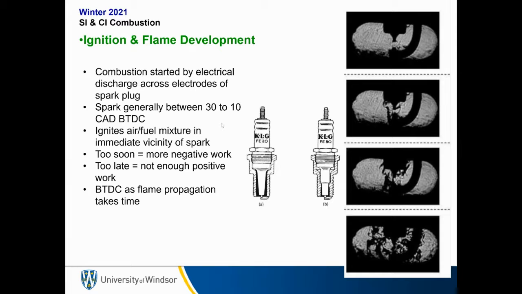If we spark too late, we won't have enough positive work. We won't have a big enough pressure spike during the power stroke. So there is an optimum timing, and this will be investigated more during the internal combustion engines course. As I said, we ignite before top dead center because flame propagation takes time.